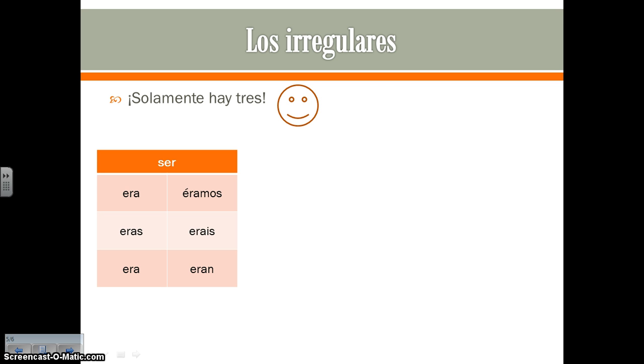So our first irregular verb is the verb ser. Era, eras, era, éramos, erais, and eran. Notice again, we've got an accent in the nosotros form. Our yo form and our él, ella, and usted form are both the same. I always remember that era goes with the verb ser because ser has an E in it as well.